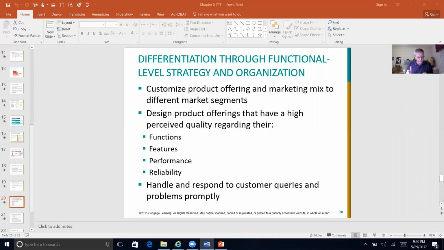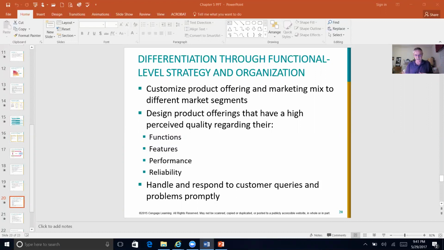Number 2, designing product offerings that have high perceived quality in terms of their function, features and performance, in addition to being reliable. As a consumer, when I open that package and turn that device on, I expect it to be made with high quality, and I expect it to operate the way it was designed.